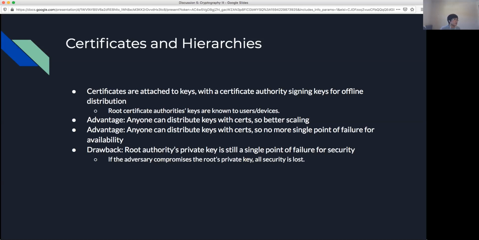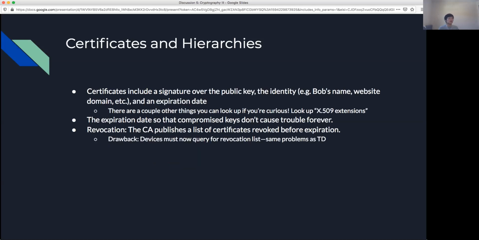This certificate will include a signature over the public key as well as the identity, which can be something like Bob's name or email address or a website domain, as well as an expiration date. There are a couple other miscellaneous things that you can tack onto those, but those are the main things that we care about. The expiration date is so that if, say, Bob's private key is compromised, it won't remain signed forever. It'll expire at some point.